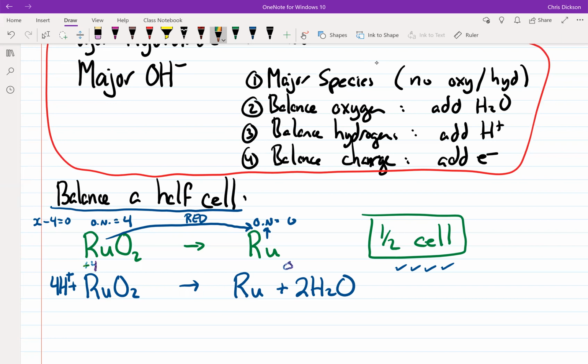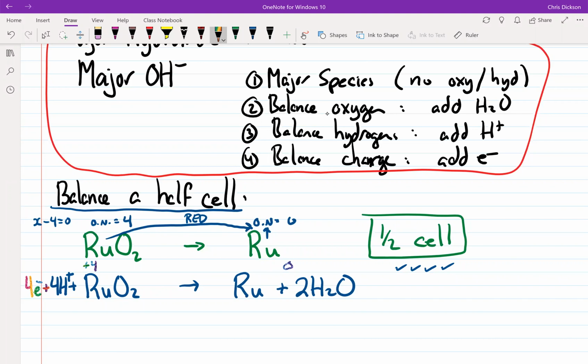If I add electrons to the right-hand side, it becomes more negative, and if I add electrons to the left-hand side, it becomes more negative. On the right-hand side I have a 0 charge, and on the left-hand side I have a +4. So I'm going to add electrons to the side that has the larger charge, because I want to bring that charge down. So I'm going to add 4 electrons here.